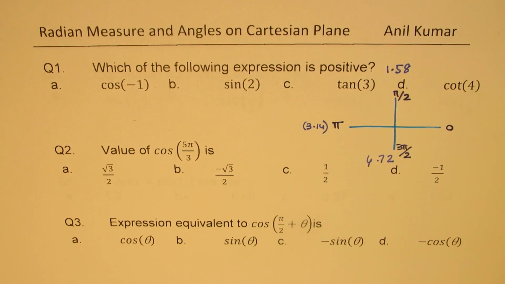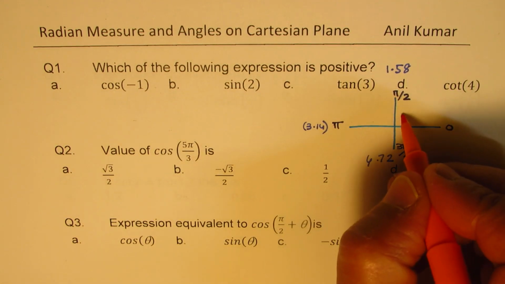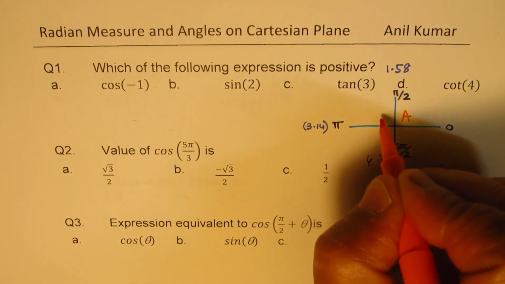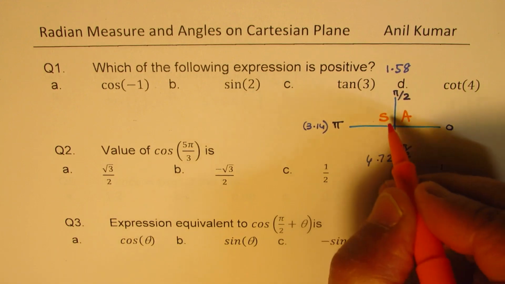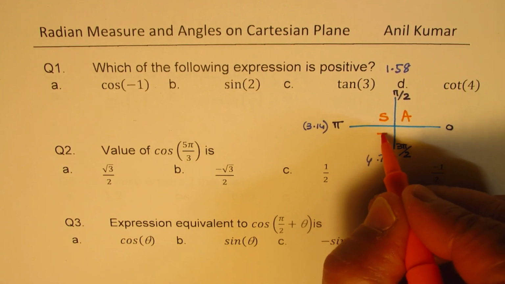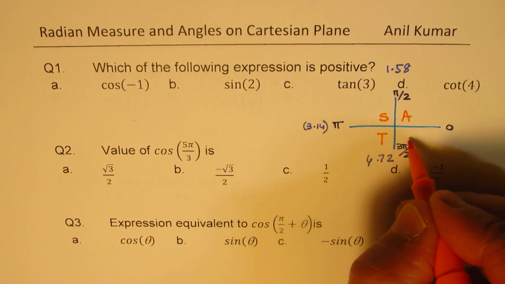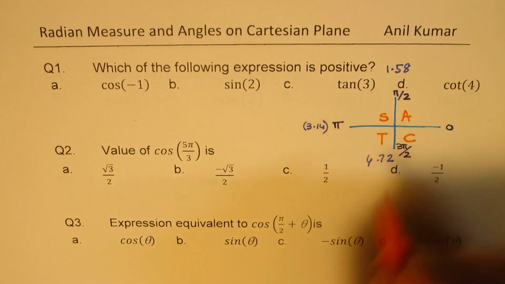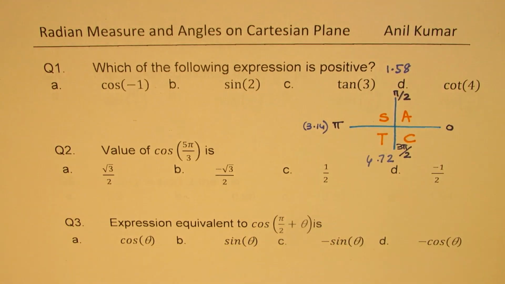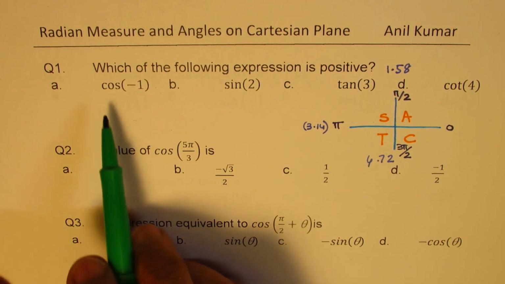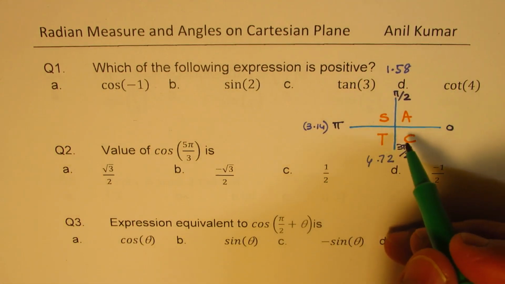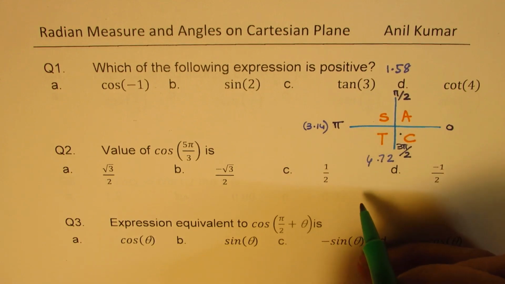So now looking into these angles, let us also understand the rule that all are positive here. Sine is positive in quadrant 2, tan in 3, and cosine in 4. Now we are looking for positive expressions, correct? So when I say cos of minus 1, so 1 definitely will be in this quadrant.